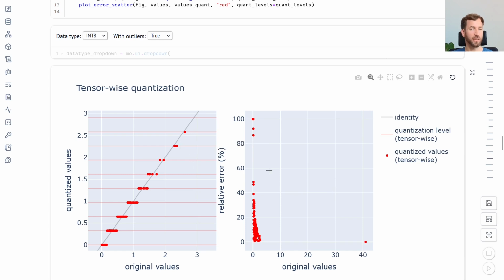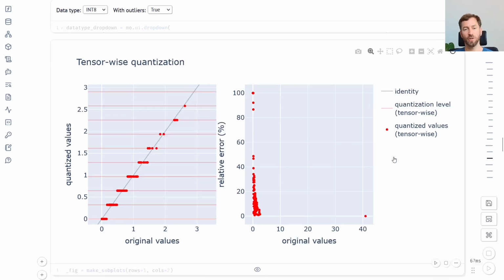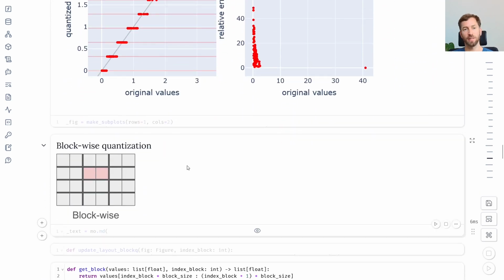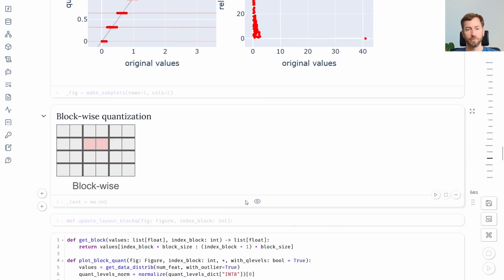So how can we address this? I already mentioned this in my main talk. We can address this by blockwise quantization. In blockwise quantization, we compute the scaling factor only for a subset of the values in the tensor, the so-called blocks. This reduces the impact radius of outliers.